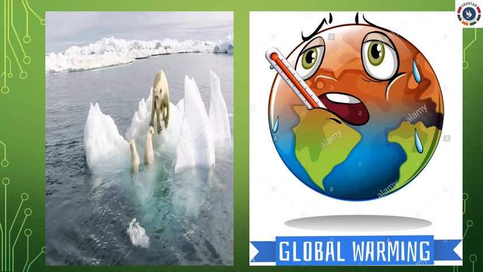These gases trap heat and light from the sun in the atmosphere, thereby increasing the Earth's temperature. Global warming is damaging our environment. Glaciers and the polar ice caps are melting faster than ever. Some animals and plants that could not handle the change have died.